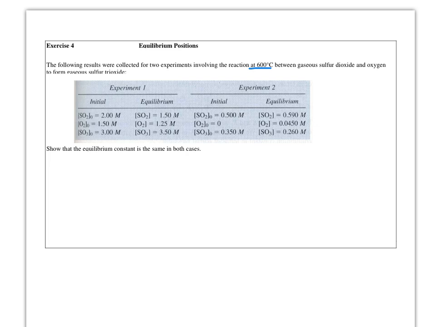So first thing is sulfur dioxide, SO2, plus O2 to form SO3. Balancing that, I would double my SO3s because I need that to be an even number. That gets me to 6 oxygens and 2 sulfurs. Then I'm going to double my SO2, and that's going to give me 2 sulfurs, and 4 plus 2 is 6 oxygens. Okay, so there's my reaction.